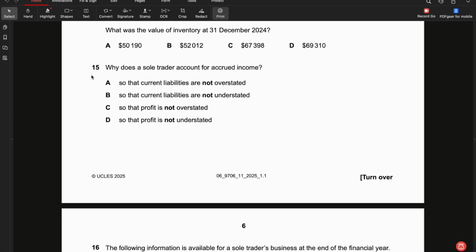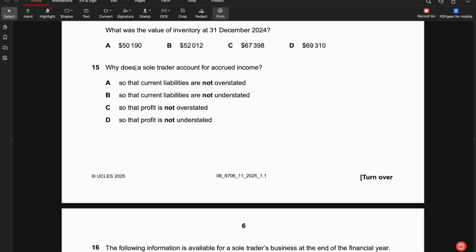15. Why does a sole trader account for accrued income? Accrued income is the income that we already earned, but we have not received the payment yet. So that means when we calculate my total income, I should include it as my income even though I have not physically received money, and that is as per the matching concept or accrual basis.